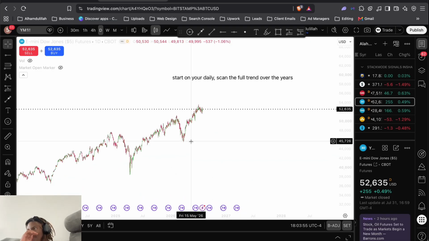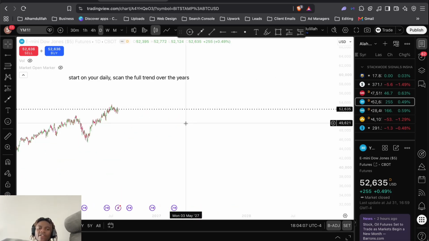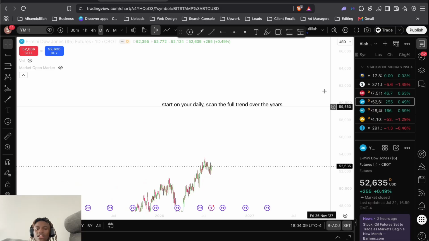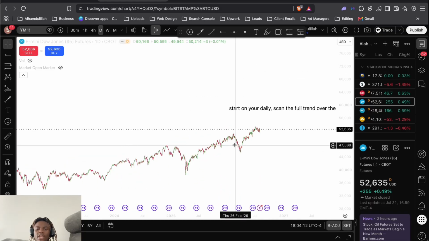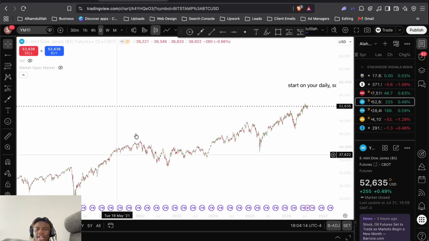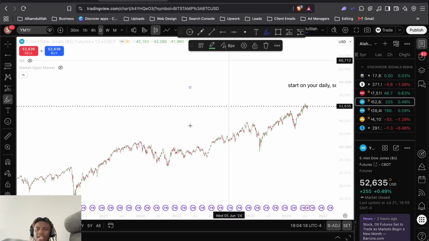When you're playing the same pair, it's going to be engraved into your brain what the market is doing. You're going to know the market is bullish right now, or the market is bearish right now. You're going to know it like the back of your hand when you're playing the same chart every single day. Full trend over the years. You can grab a marker as well if you need, and just start on price action.